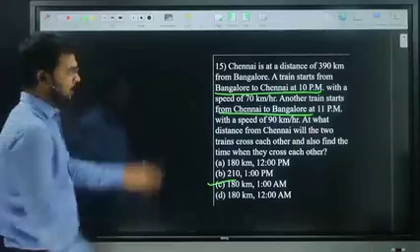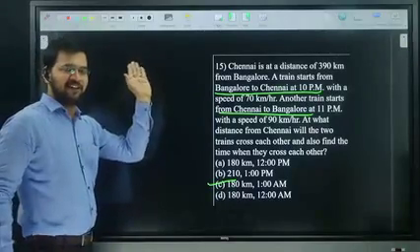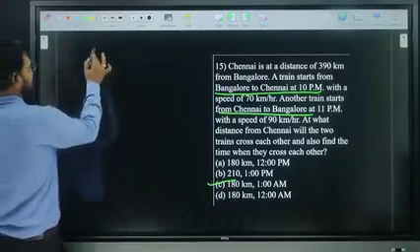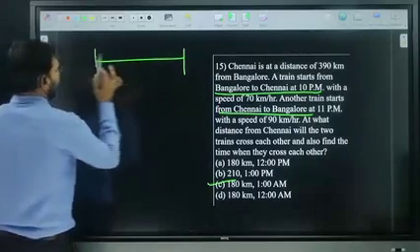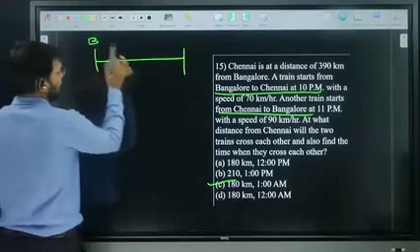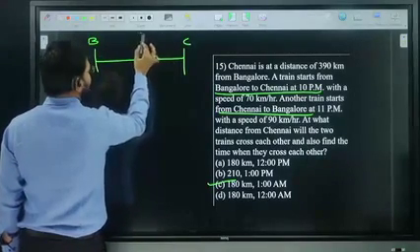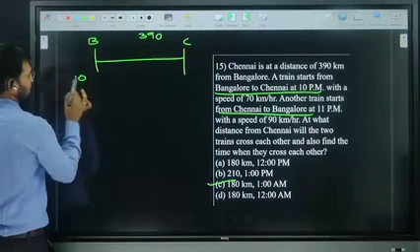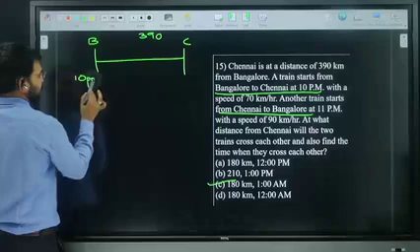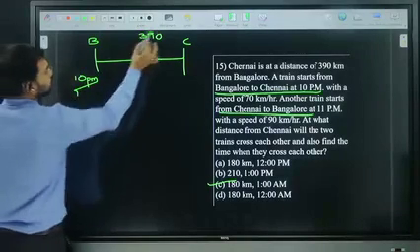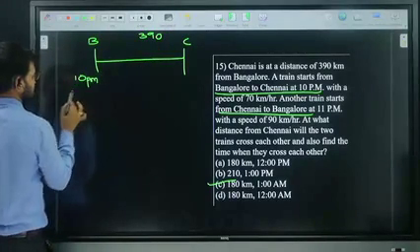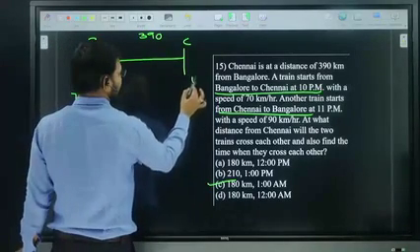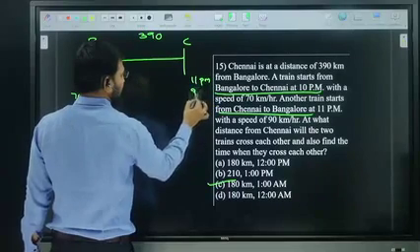I already explained this question, but with Hyderabad and Vijayawada. They have given Chennai and Bangalore. So look at me. The distance between Bangalore and Chennai is 390. The first train starts at 10 p.m. at 70 kilometers per hour, the second at 11 p.m. at 90 kilometers per hour.